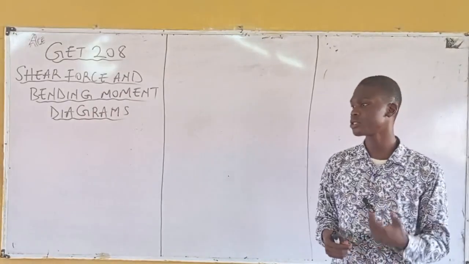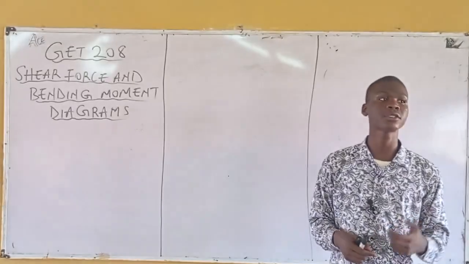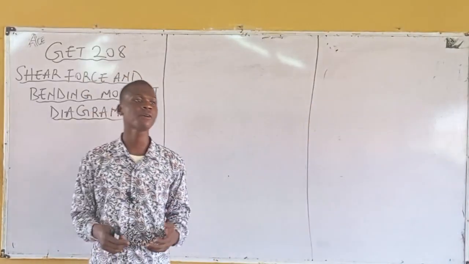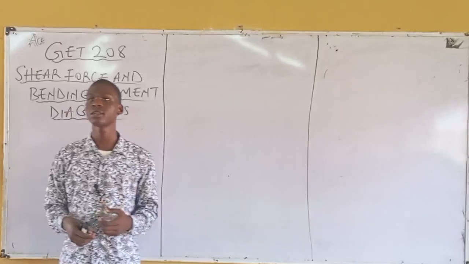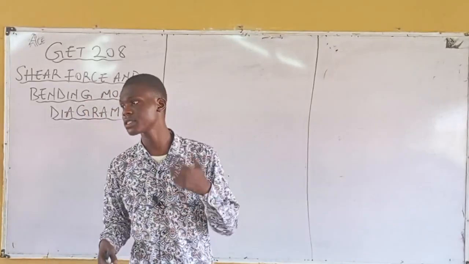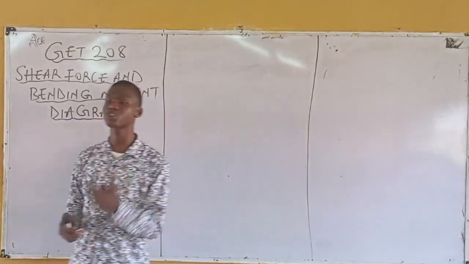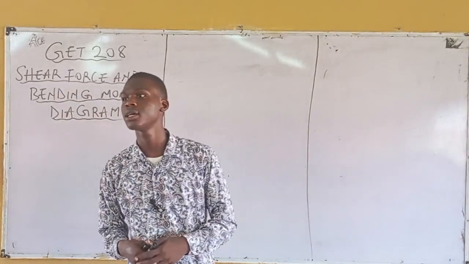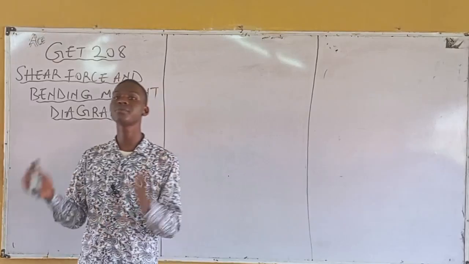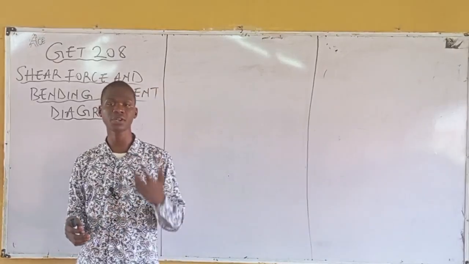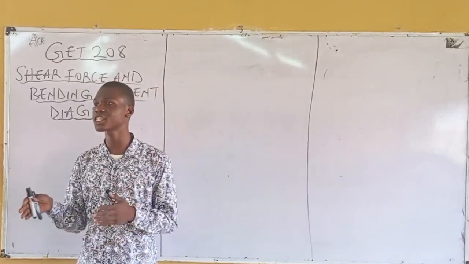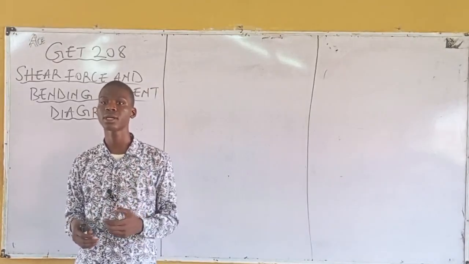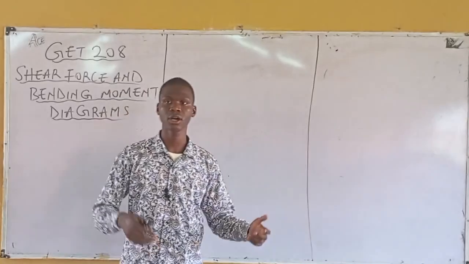Now, by definition, take down shear force. By definition, shear force simply means the algebraic sum of forces at any section of the beam, either to the left or to the right.